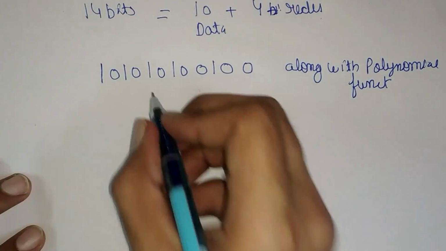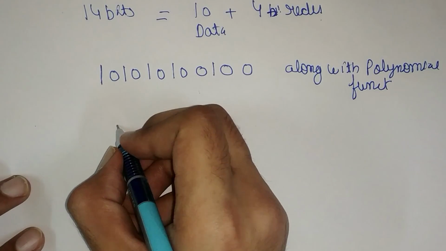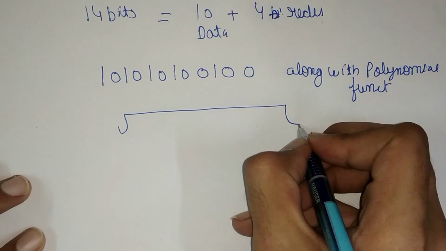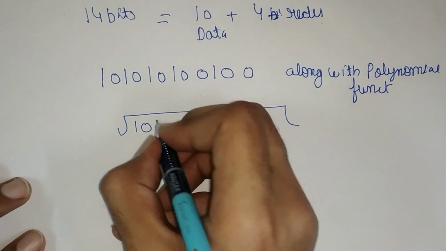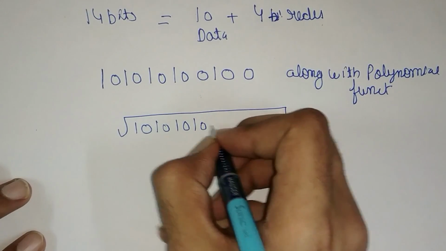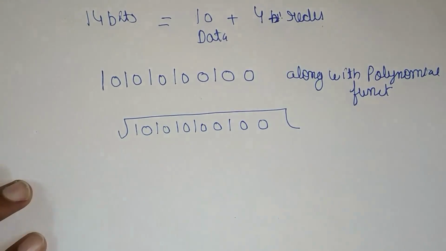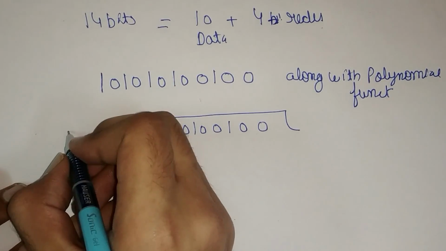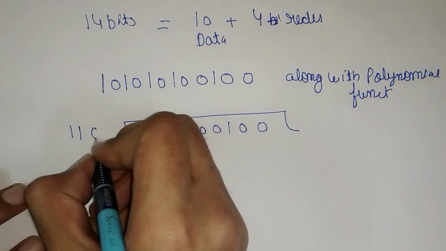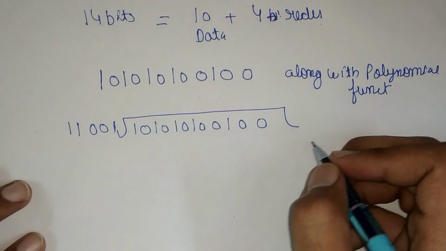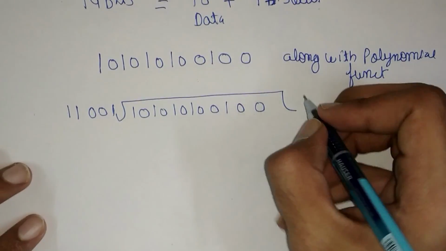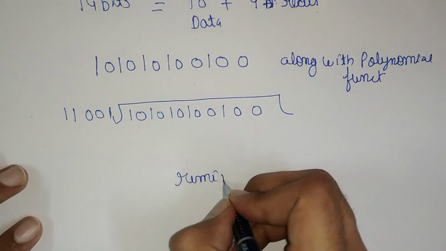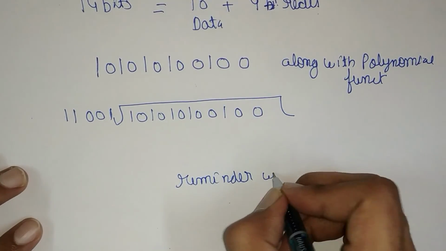When the receiver receives this data, it will again do binary division on it with our polynomial function, which was 1 1 0 0 1. The remainder will come out to be 0.